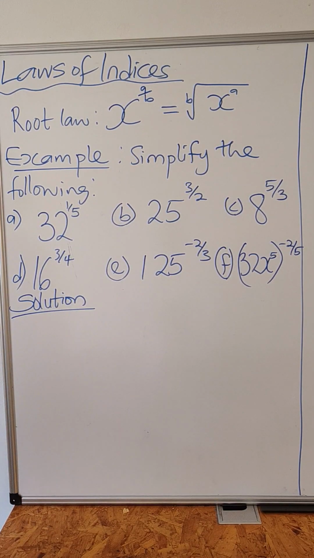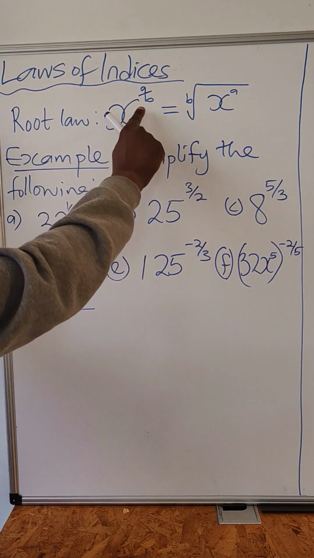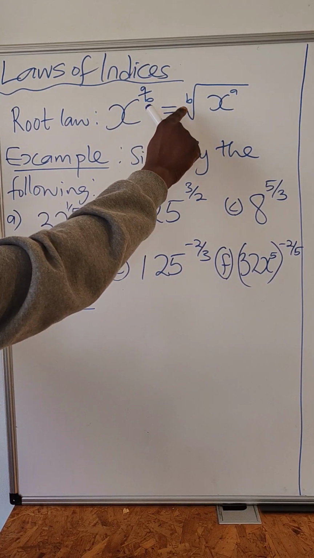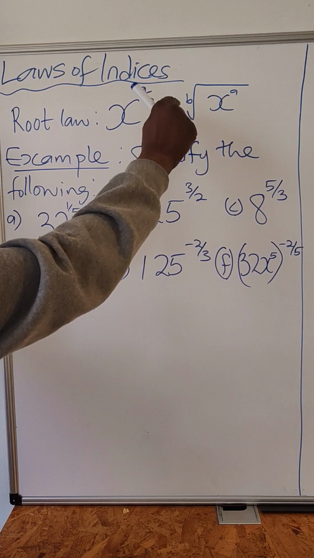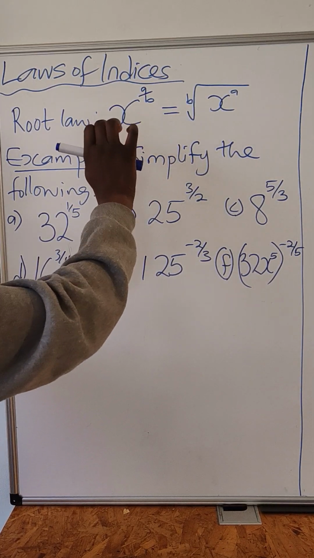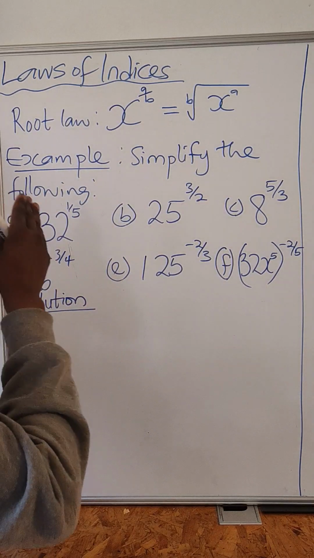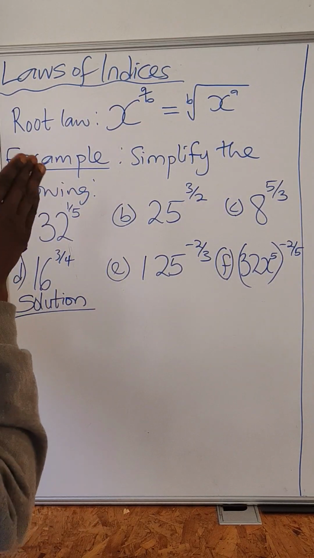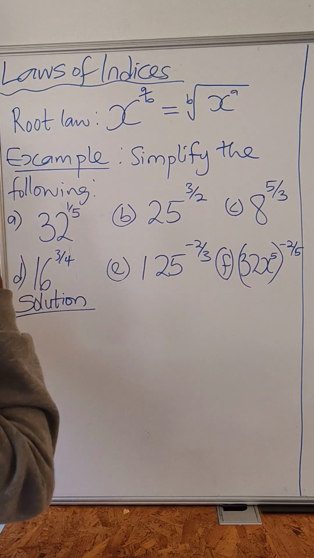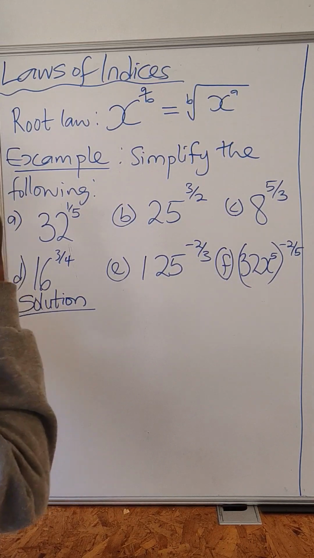So in the root law, the denominator will come to be the root. For example, x raised to power a divided by b will be the bth root of x raised to power a.